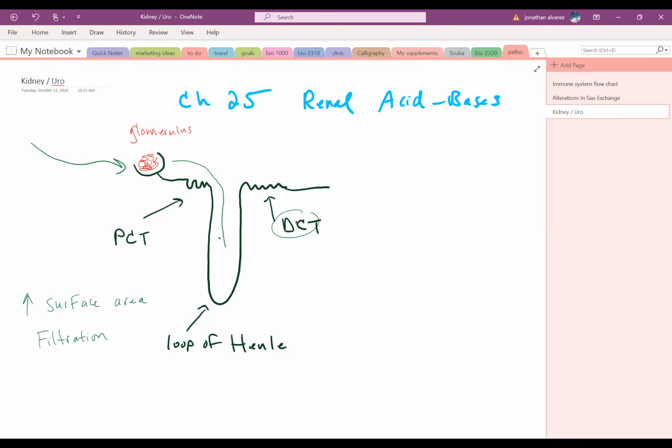Just drawing the direction of fluid here, so it's going to come down, go up, go this way, okay, and then eventually into the collecting duct.